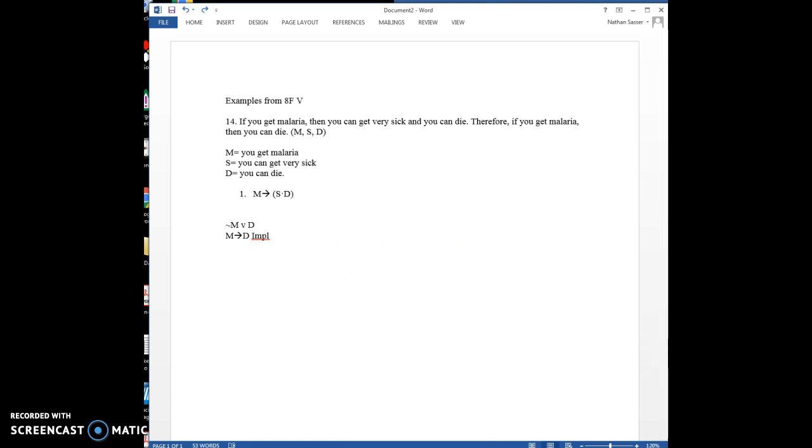If I apply implication to premise 1, then I will get this, which I'm about to show you: not M or S and D. One reason this looked promising is that it gets me to a disjunction, which looks close to where I'm trying to get to, which is not M or D. Now I think to myself, okay, how can I get from here to here?